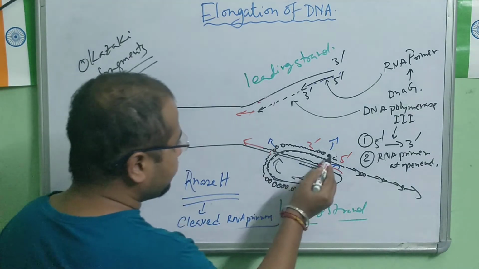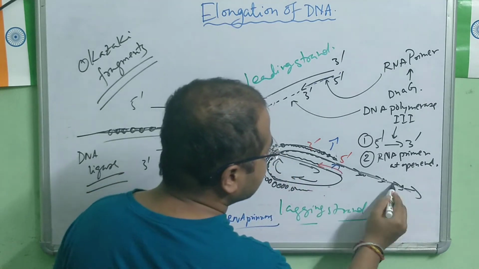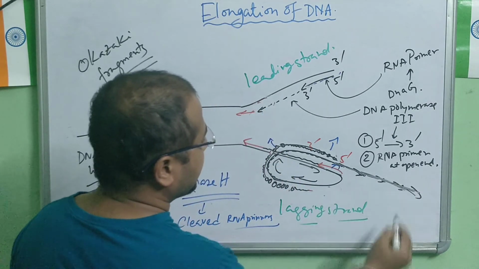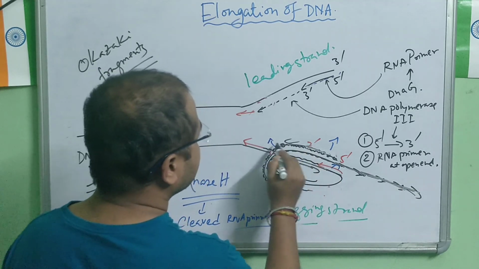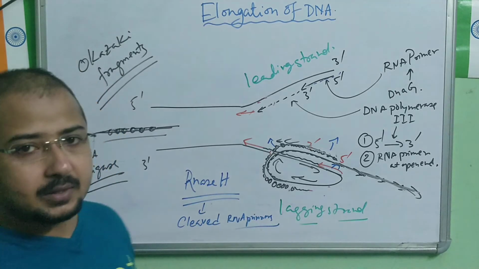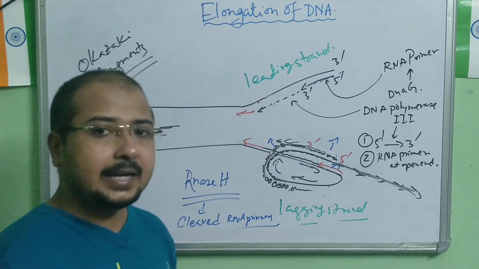So this stretch will finally be completed by the DNA ligase enzyme, and then it will be an entire strand of DNA. Understood? So you see the replication takes place in this direction finally. Got it? So this is how the elongation process continues.